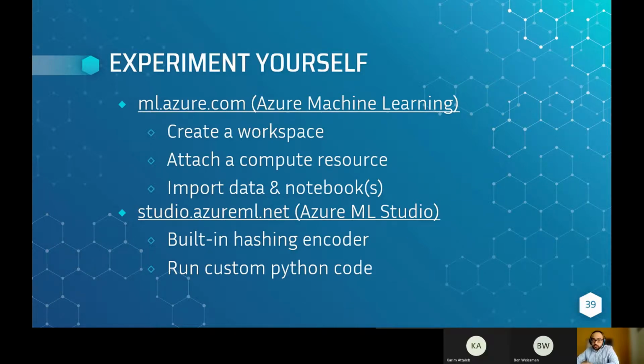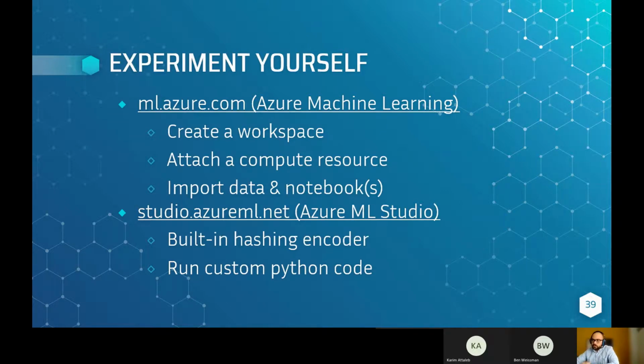For the one-hot encoder, you have to attach a compute resource with at least 20 gigabytes of RAM, so that you can run this. Import the data and the notebooks, and the data you can find at the University of California Irvine repository. It's openly available. And then you can experiment yourself with the other categorical encoders.